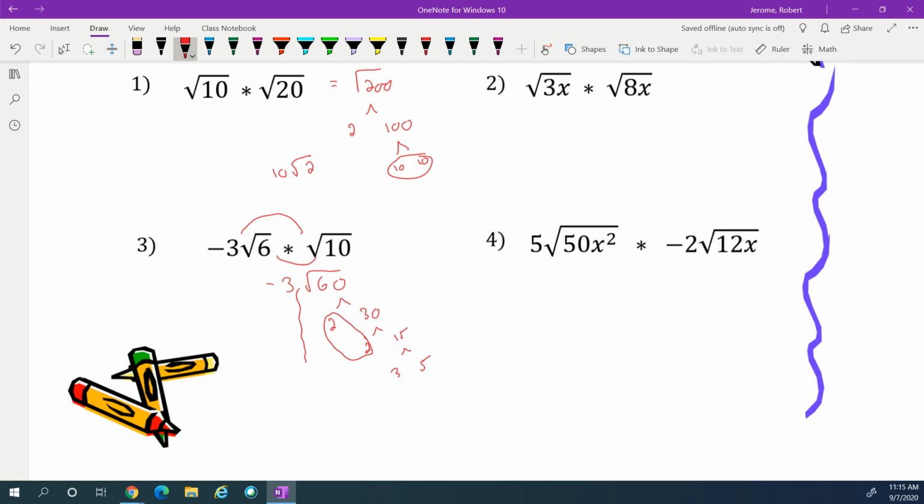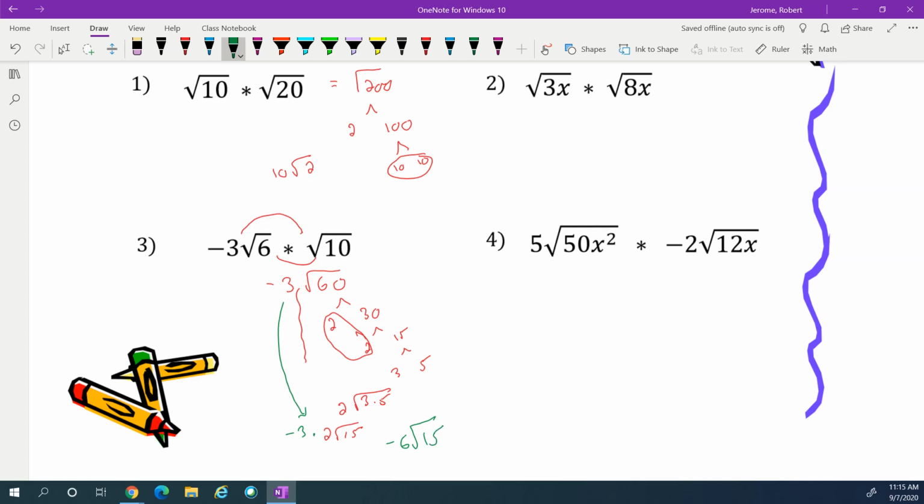I have a pair of 2s, so that's a 2 on the outside, and my 3 and my 5 stay home. So I have 2 square root 15. Now, I got to make sure I don't forget. I'm going to bring that negative 3 down. And my final answer is negative 6 square root 15.